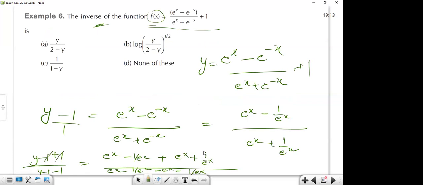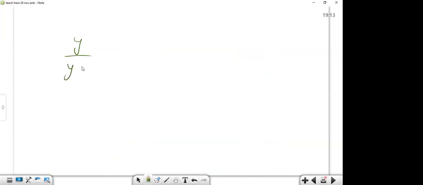This cancels, and this becomes y by minus 2. This cancels each other and divided by 2 divided by e raised to power x. So if e raised to power x goes to the numerator, this becomes 2x.